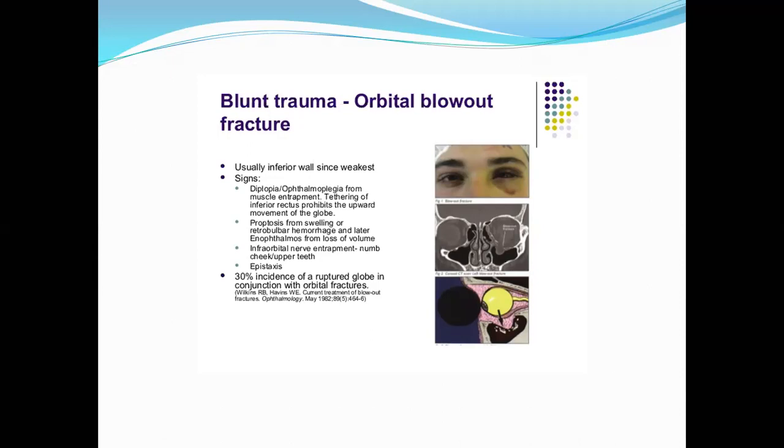The major reason is the fracture. A 30% incidence of ruptured globe in conjunction with the orbital fracture is reported, and the reference is a bit old one, but it is widely accepted.